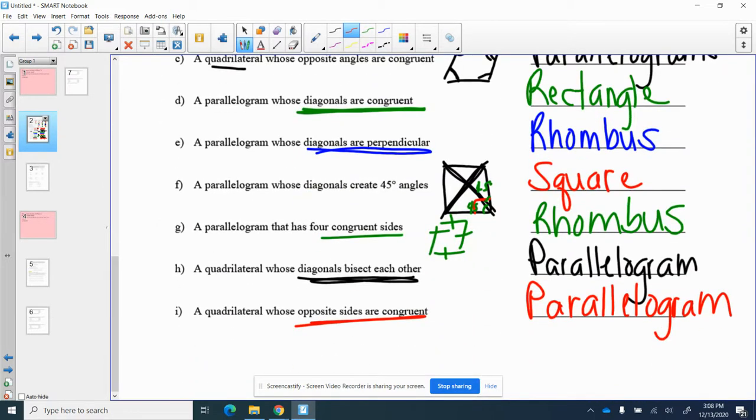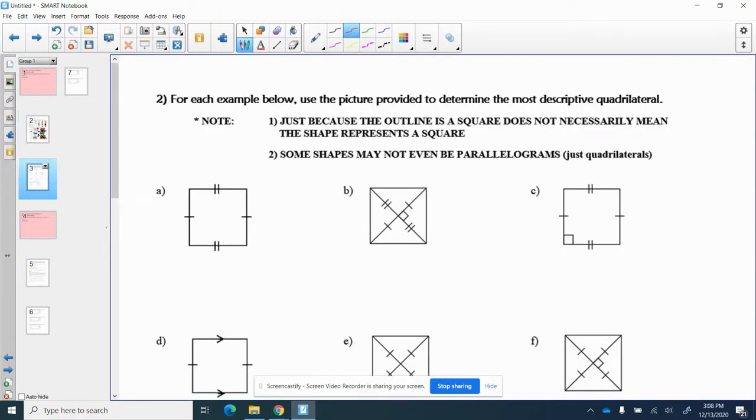Okay, so you have to have an extra piece of information to say a step beyond. Otherwise, you have to go with the least descriptive figure so that you encompass everything if there's not extra information given. Now, we also want to be able to decide looking at this visually as well. So we see these figures here. And just because it looks like the shape of a square, you're not going to necessarily call all of these squares.